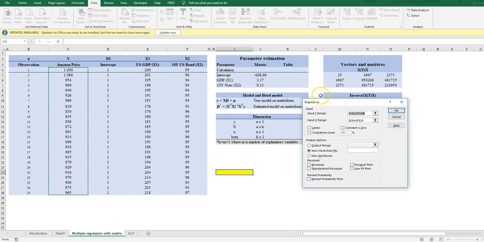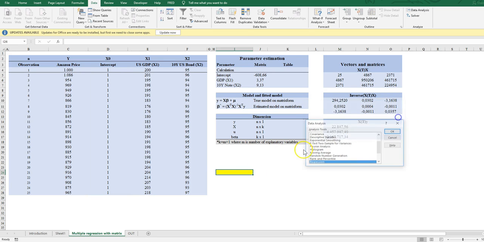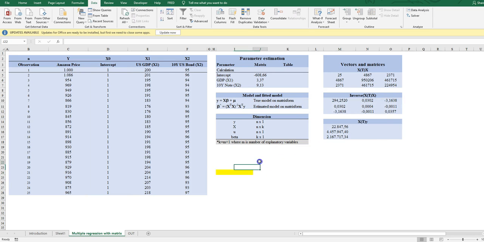Excel calculates by the matrix system also, but it adds the unity vector itself, so you don't have to put it in. So this is the way to estimate parameters with matrix and vector notation.